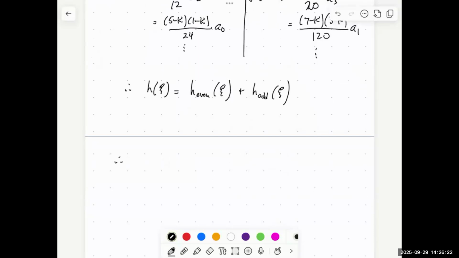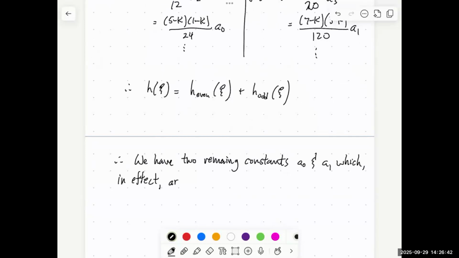So we have two remaining constants, a_0 and a_1, which in effect are our integration constants.